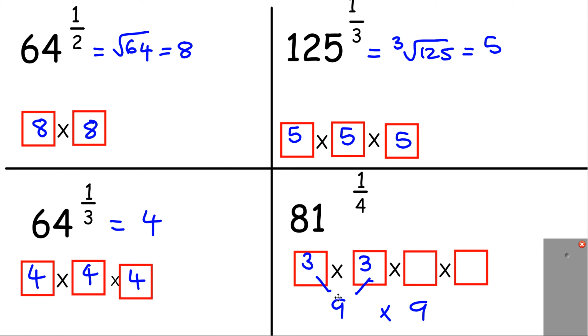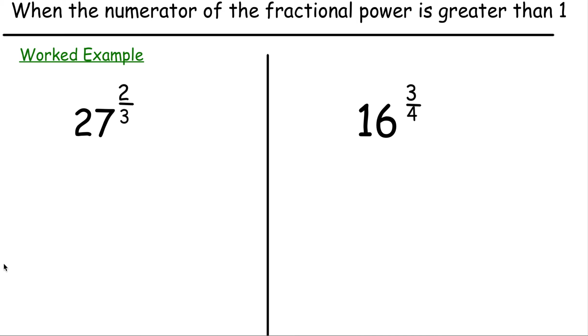Well, 3 times by 3 gets me this 9. 3 times by 3 gets me to this 9. So 81 to the power of a quarter is 3. Okay, so now we've understood what to the power of a half, a third, and a quarter is. So you probably already know how many boxes you would need in case we were powering it by 1/5. And that would be 5.